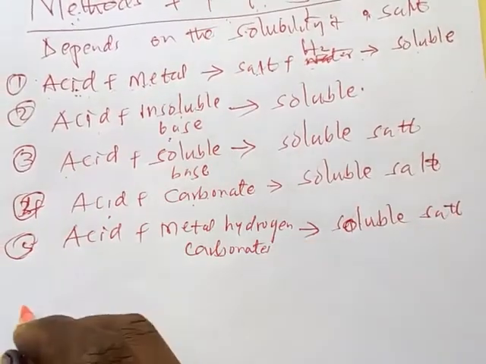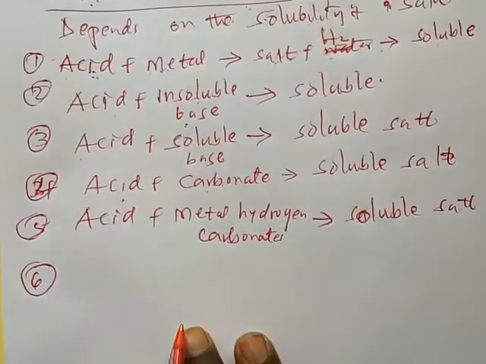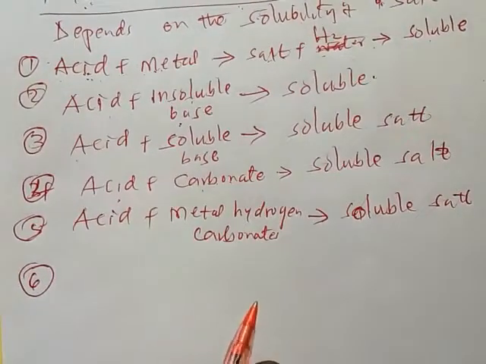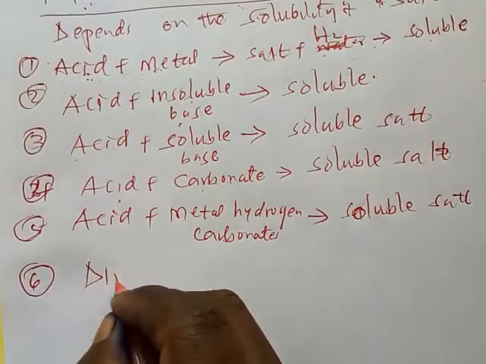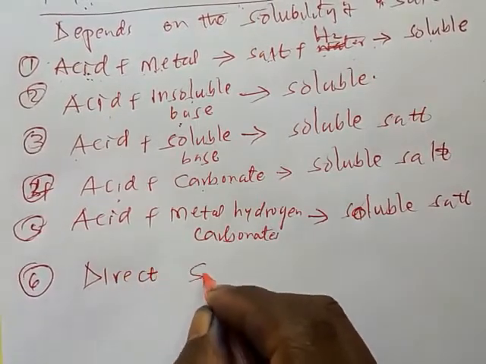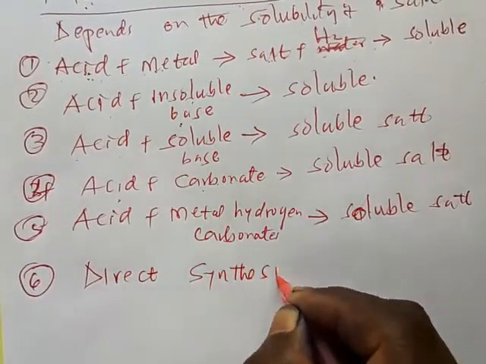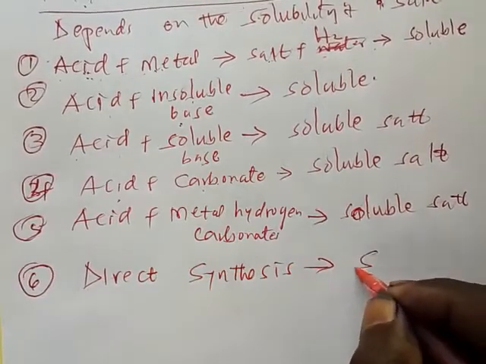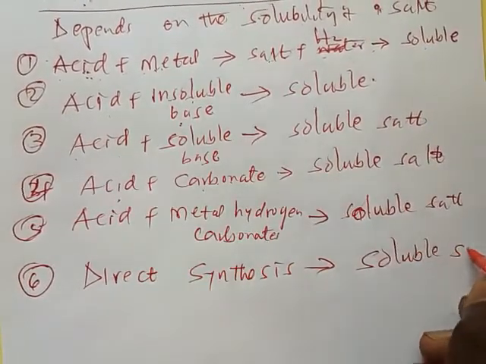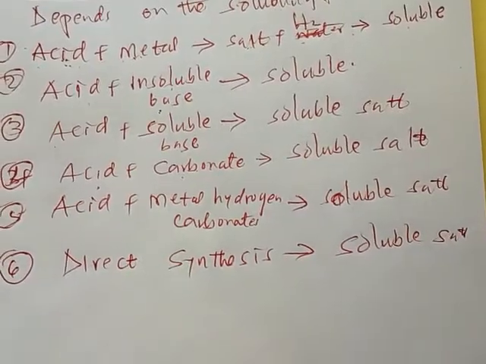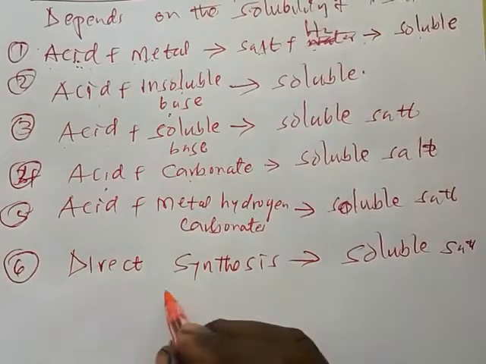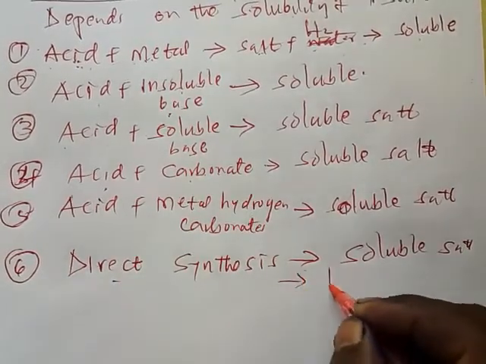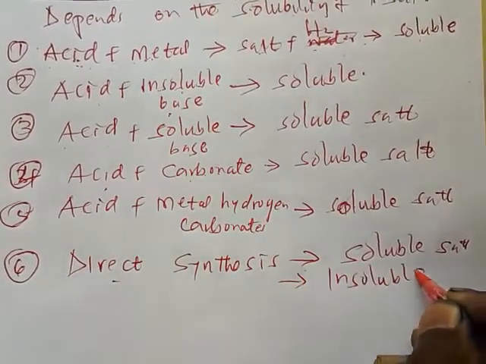I said I want to just mention the methods of preparing salts because my major aim is to show you how to prepare the salts. The 6th one is direct synthesis. It can prepare soluble salts, and direct synthesis can also prepare insoluble salts.